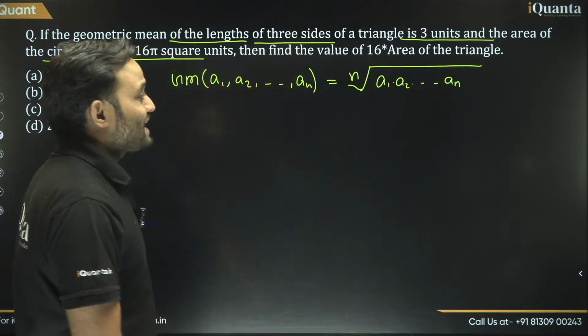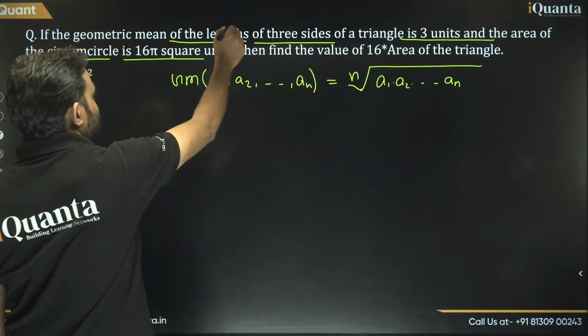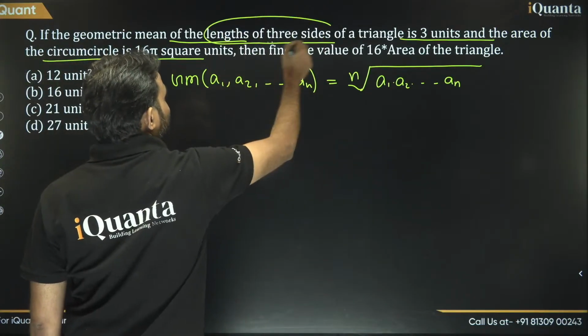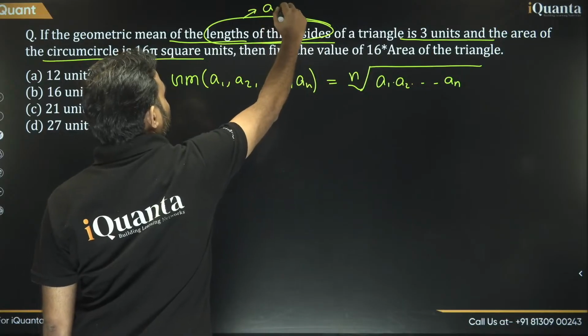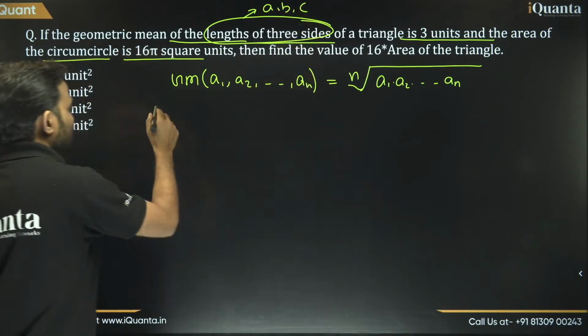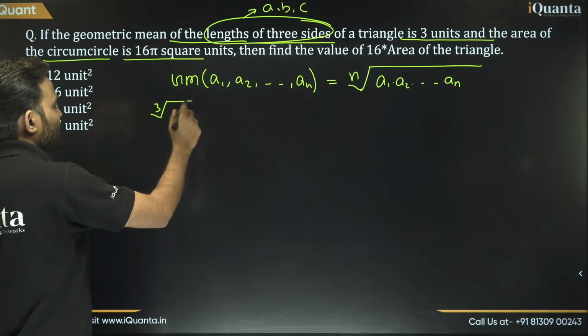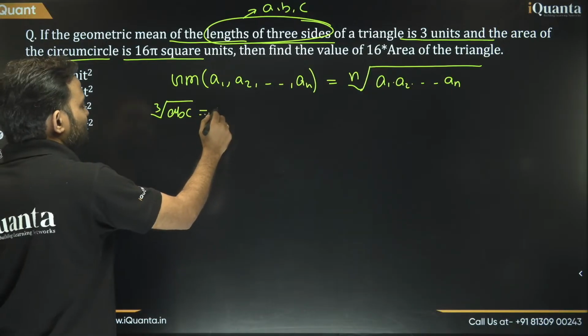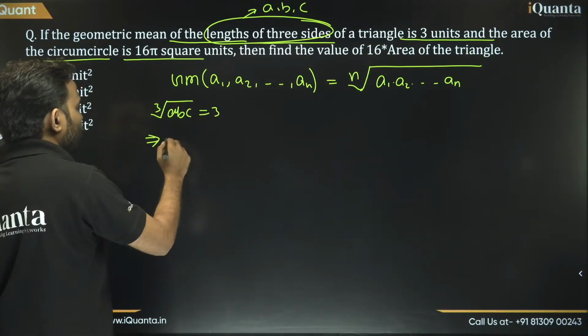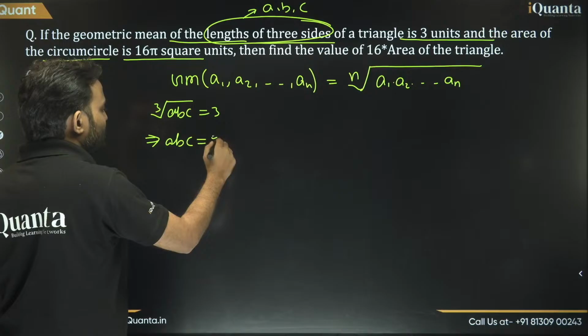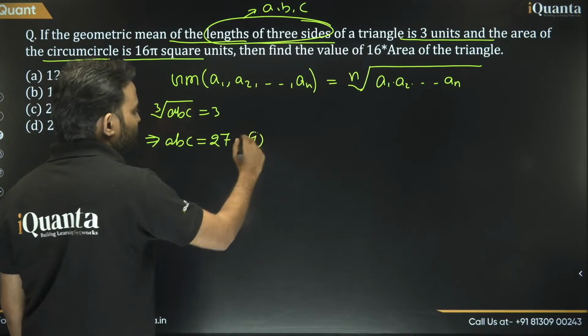So if the side lengths are A, B and C, the lengths of the 3 sides, then the cube root of ABC is equal to 3, or A into B into C is equal to 27. This is the first equation.